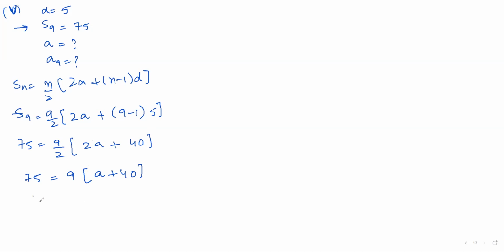Okay, so 75 divided by 9 is equal to a plus 40. Am I right? Am I doing it correct? Yes, I think so. So 75 is divisible by 9? No, 74 is divisible.